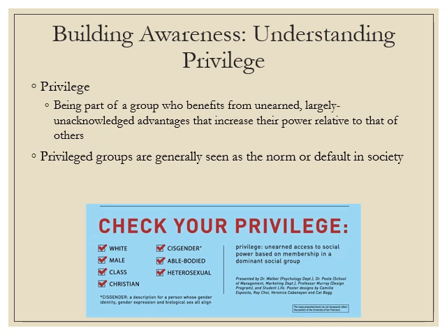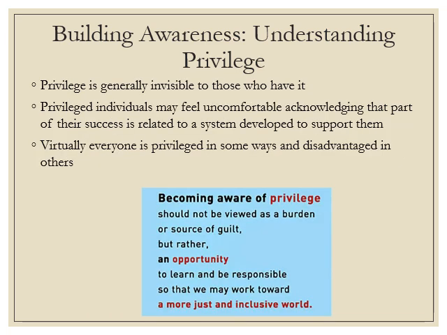Privileged groups are generally seen as the norm or the default in society, so a lot of times it's the majority group, or the group that's in power. Privilege is often invisible to those who have it, and this can perpetuate privilege because if people in a powerful position don't understand that their success is at the expense of other people's success, they're less likely to be amenable to this.